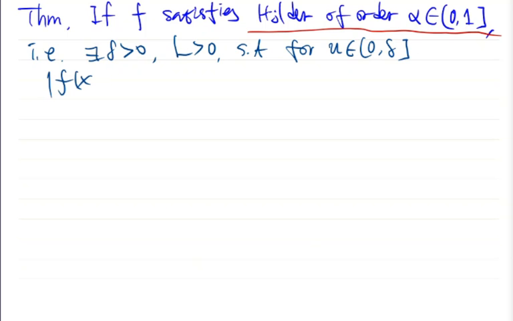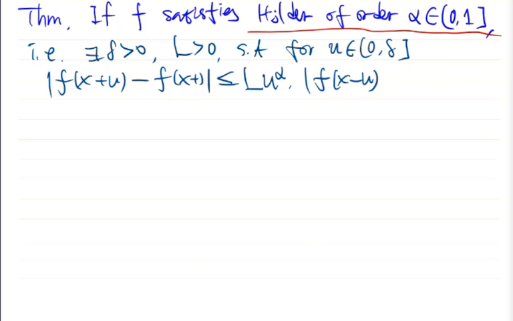|f(x+u) - f(x+)| is not greater than L u^alpha, and |f(x-u) - f(x-)| is also not greater than L u^alpha. Here, f(x+) and f(x-) are the one-side limits of f at the point x.